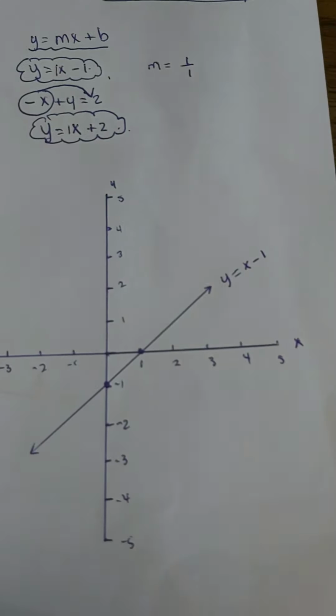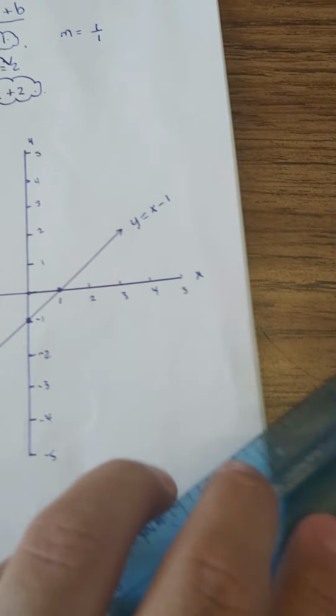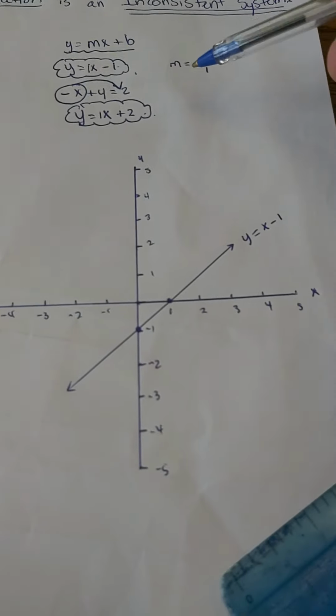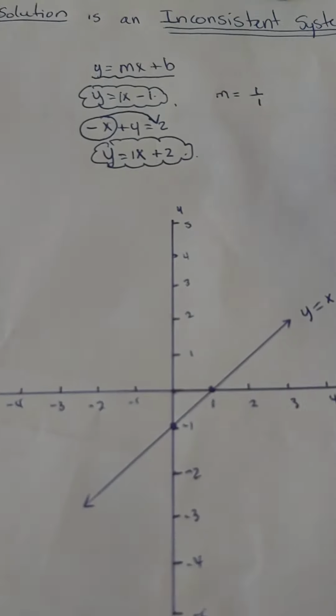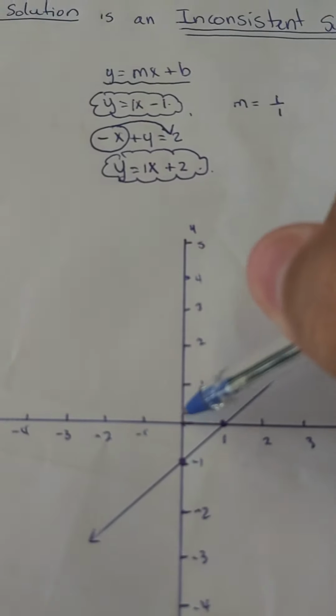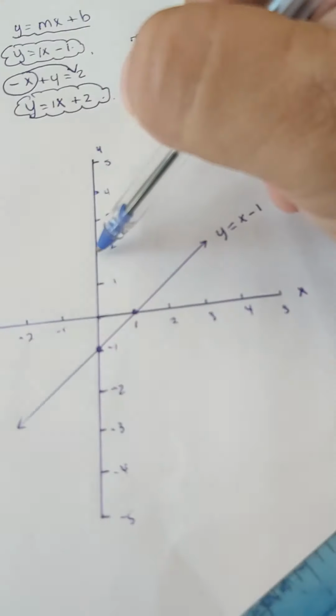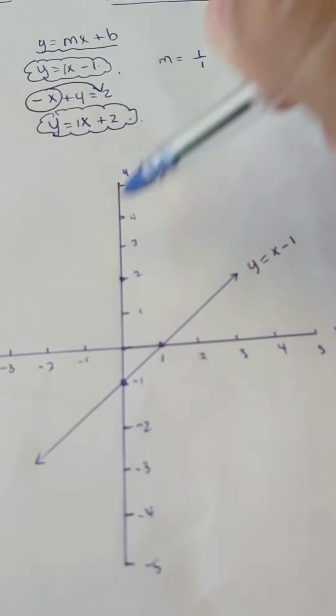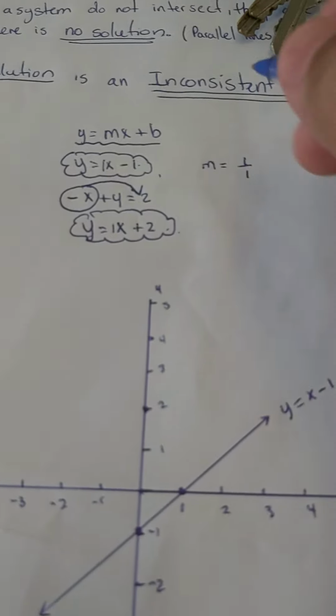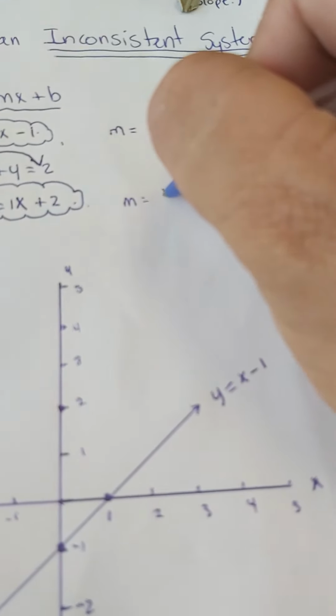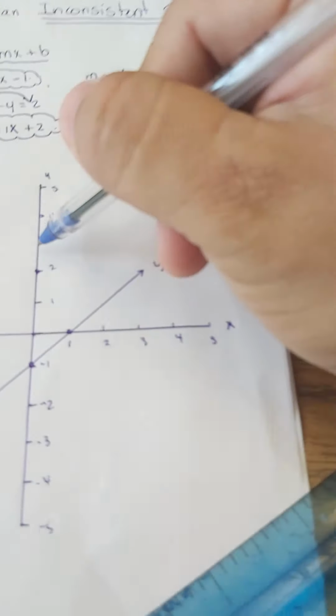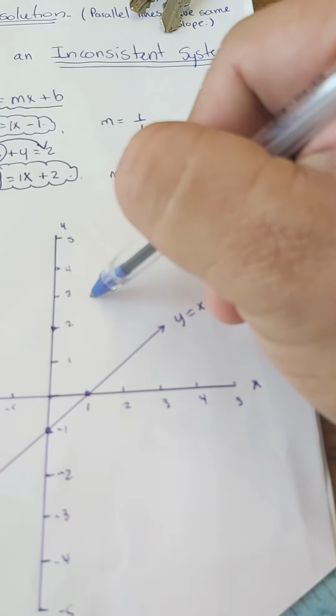Now, the second graph says y-intercept is positive 2, 1, 2, and the slope is 1. That means m equals 1 over 1. So that means 1 up, 1 to the right.